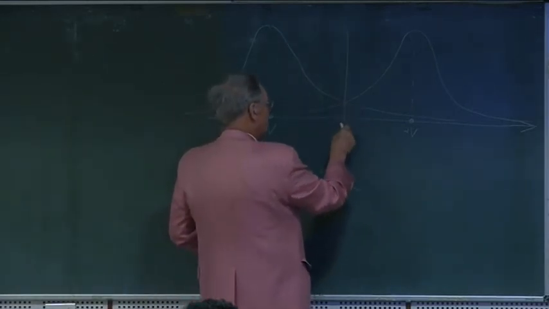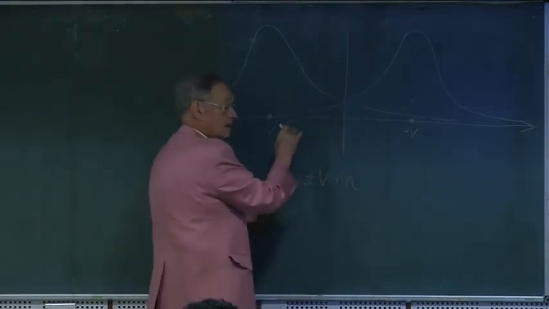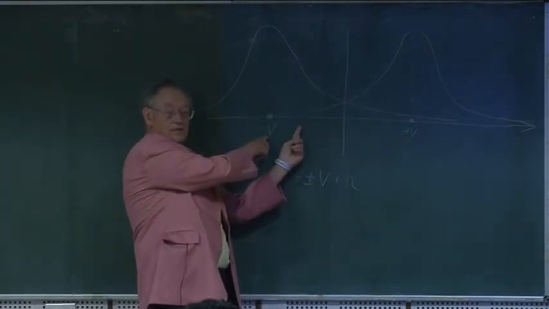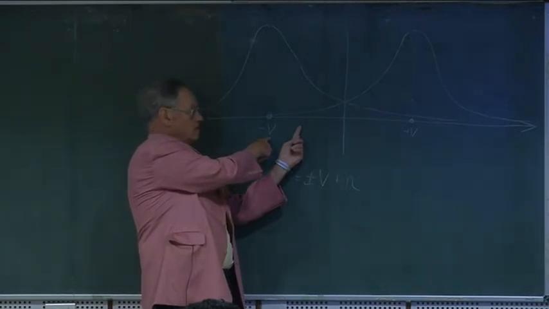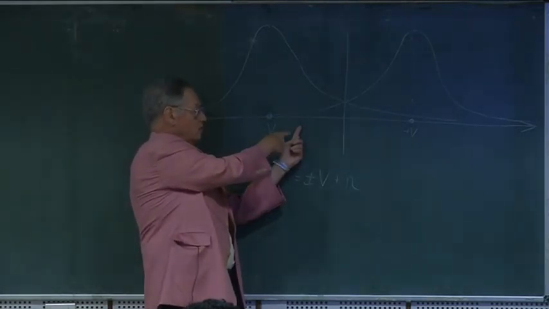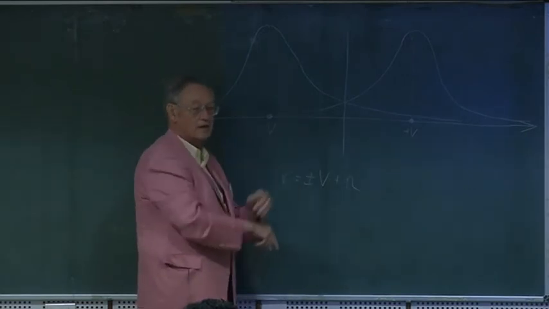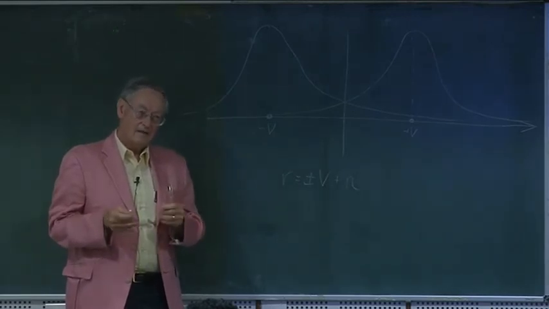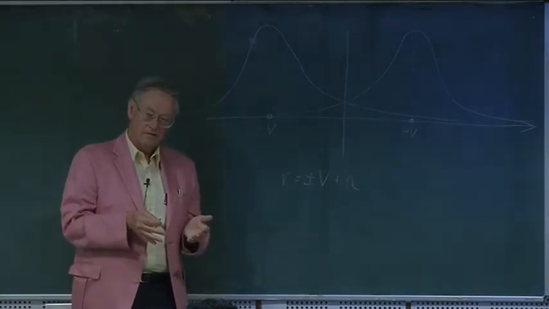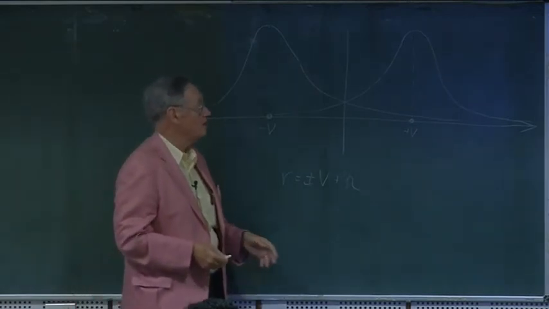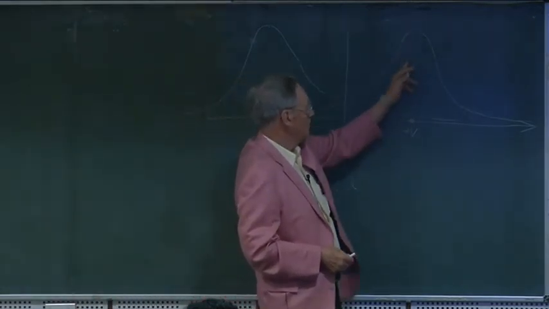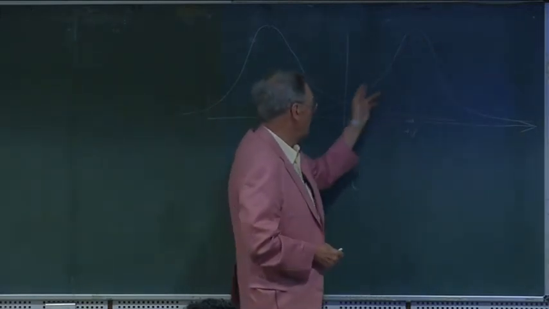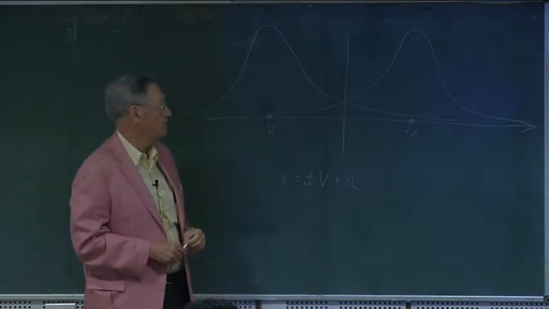And if your sample value is negative, your receiver is going to think that this was sent because what you sample is closer to minus V than it is to plus V. And again, this is this idea that less noise is always more probable than more noise. So the most probable thing in this distribution is 0 noise, and then larger values of noise fall off according to the Gaussian distribution.